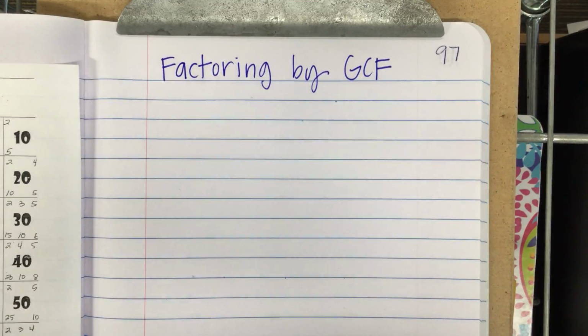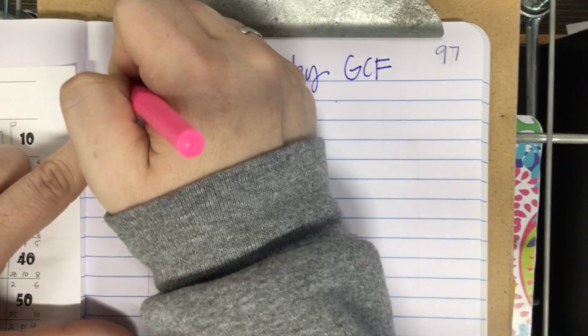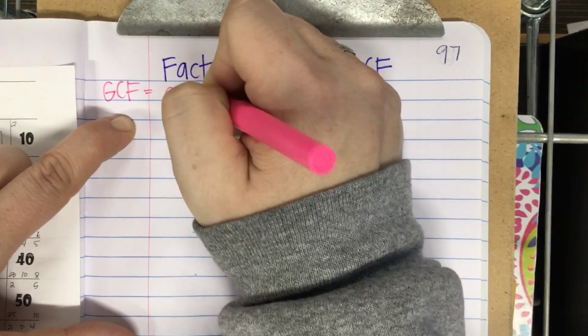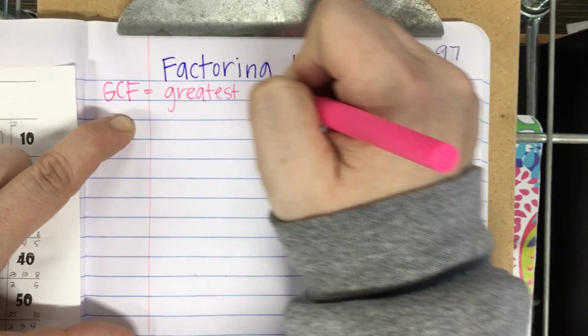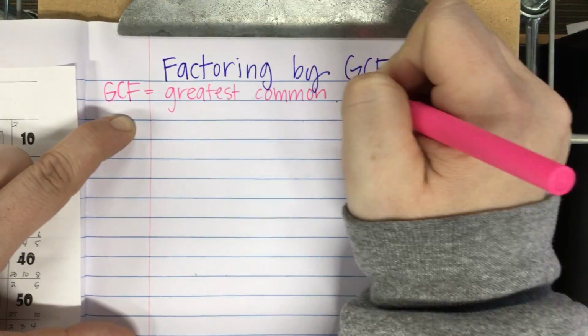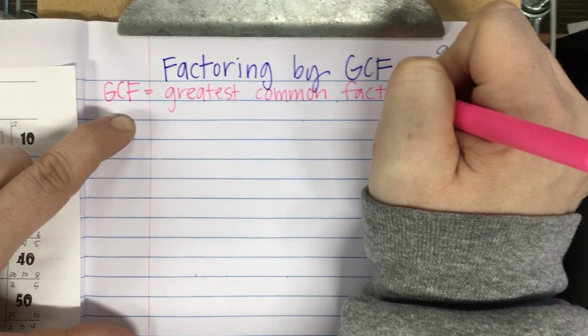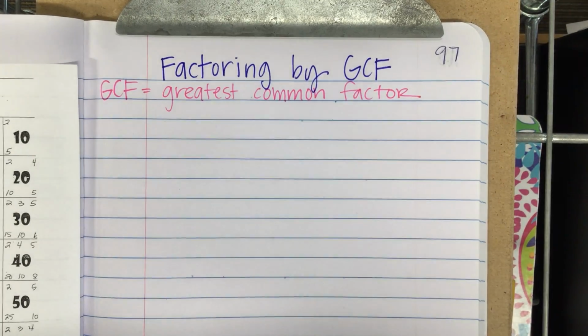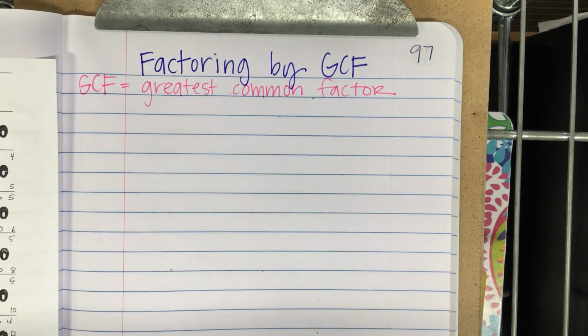Okay, so there are a couple of things that we need to talk about first, just to refresh our memories. We need to remember that GCF stands for greatest common factor. Meaning, what can everything be divided by?